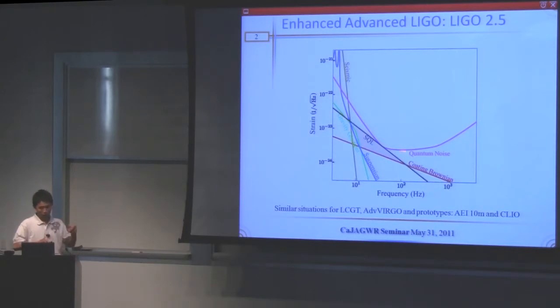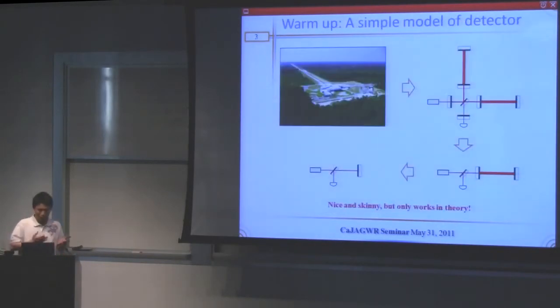From the talk you will see, and this was also mentioned in the EM-based talk, you need this kind of sub-SQL classical thermal noise. Basically, the classical thermal noise goes below the standard quantum limit in order for all this stuff I mentioned to be able to work.